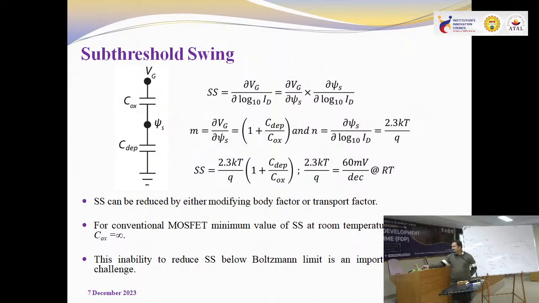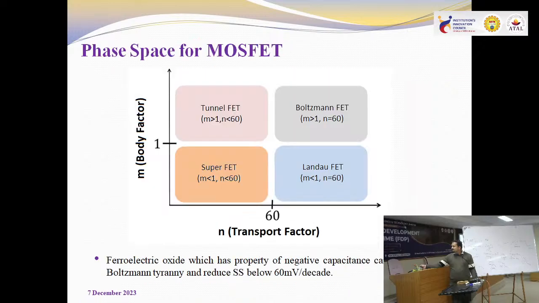When you put these values, it comes out to be around 60 millivolt per decade. And 1 plus something is more than 1, so if you multiply 60 with 1 point something, it has to be greater than 60. So in MOSFET it cannot be scaled below 60. That is why we have gone for this NCFET.